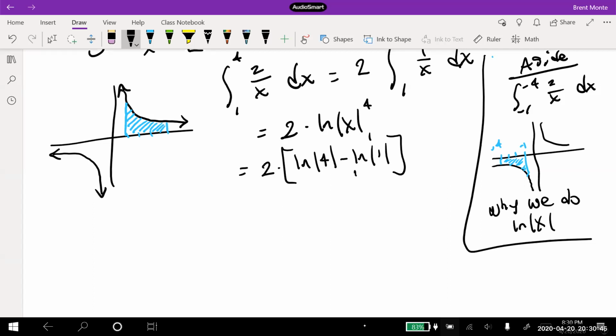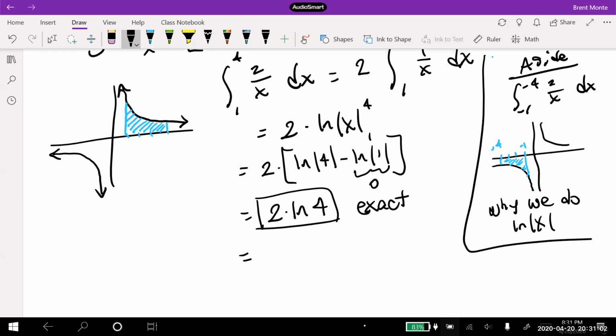And I'll give you a hint, ln of 1 is actually 0. So as an exact answer, they may just write it as 2 ln of 4. You don't need the absolute value anymore because 4 is already positive. So that's the exact answer. But if we plug that into our calculator, let's see, 2 times ln 4 to 3 decimal places, I'd get 2.773.